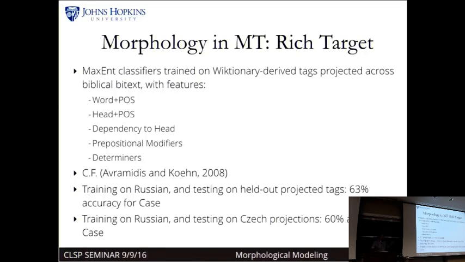So maybe not that surprising. But a slight silver lining: if we train on Russian, and then attempt to compare those same labels to projected Czech labels, we get 60% accuracy. Basically what that means is we don't lose that much by training on Russian and testing on Czech, which is maybe good.